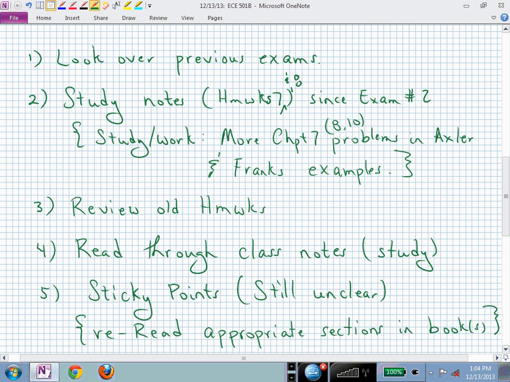Then I would probably start to review the homeworks, all of them, and then read through the class notes. And then if you have some sticky points or something that's not very clear, then go back to the textbook and start rereading that. And I hope now it begins to make a little bit more sense than the first or the second or the 5th time that you read that material.